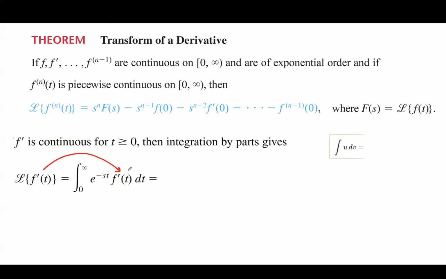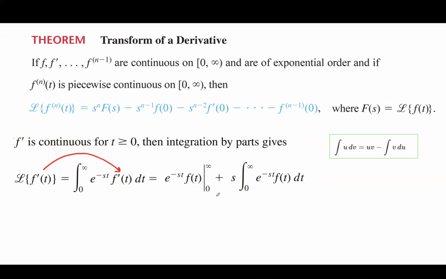By using integration by parts, as you remember, you have the integral of u dv, which is uv minus integral v du. We can write this as e to power negative st times f of t, t ranges between 0 to infinity, plus s times the improper integral 0 to infinity of e to power negative st f of t dt.